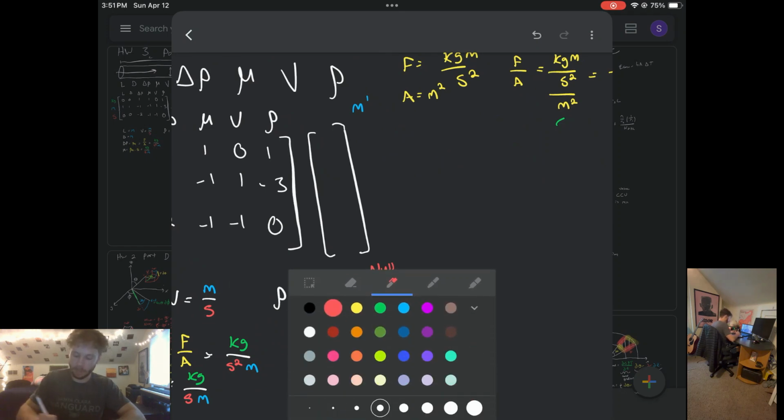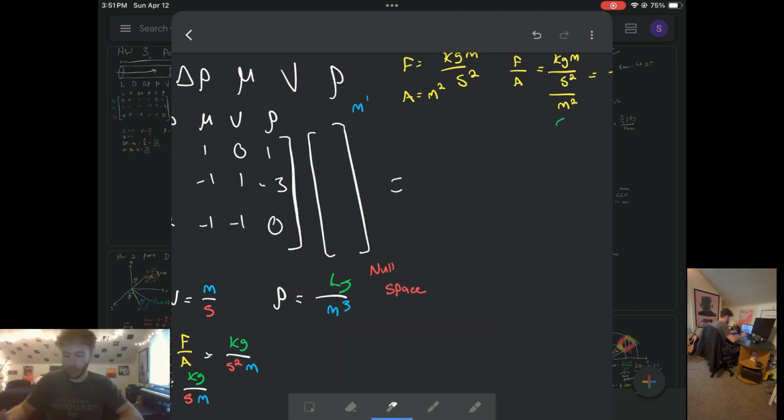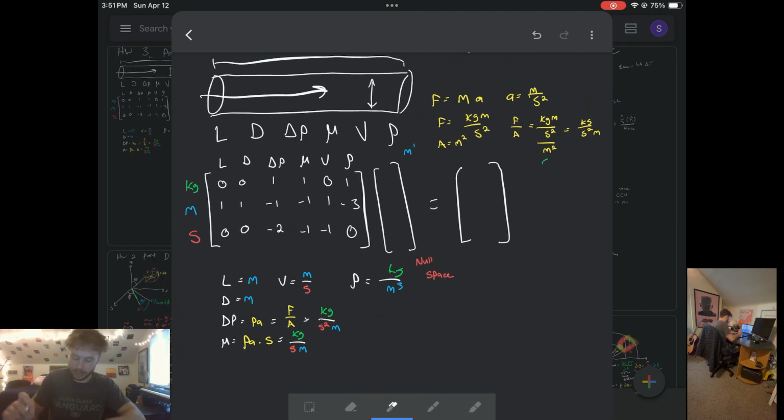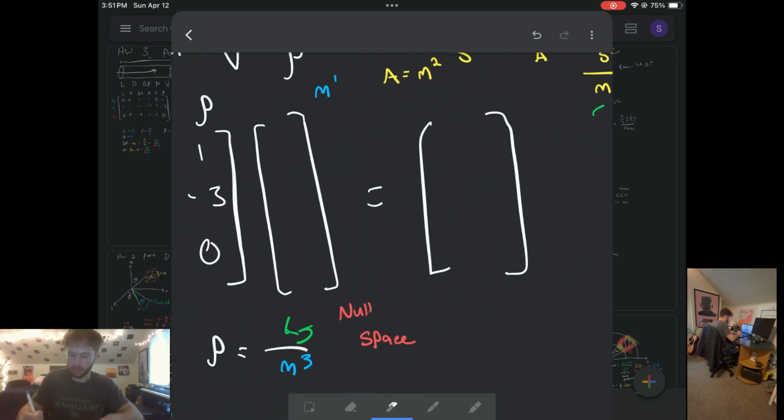Now, multiplying this matrix by a null space will give us our SI units as zeros across the board.